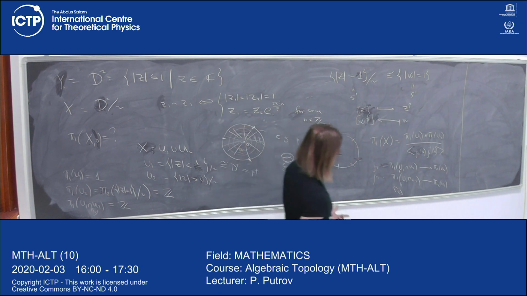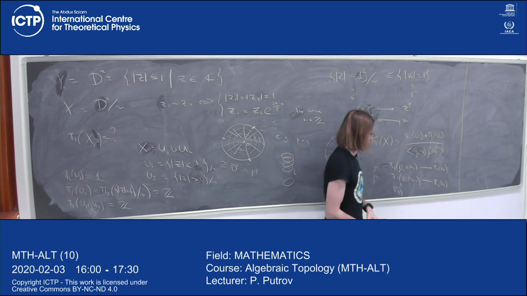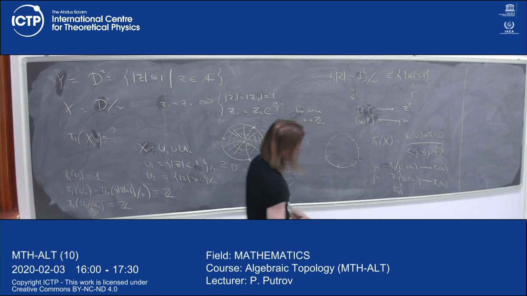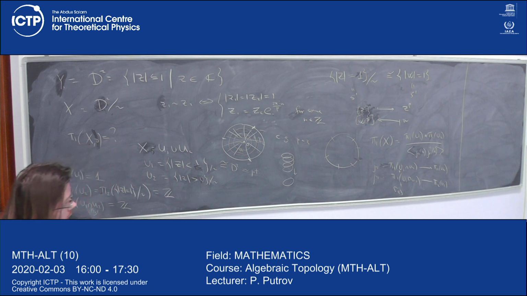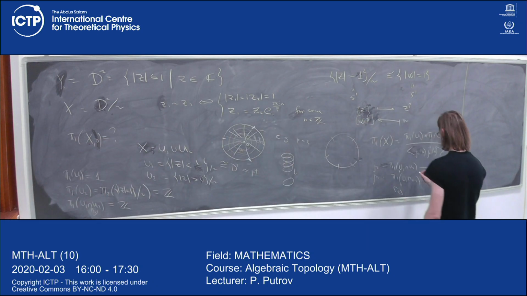So in general we have to quotient over the subgroup generated by all possible combinations like this, for all generators. But here we have a single generator, so it's easy. And so we just need to determine how those maps act.